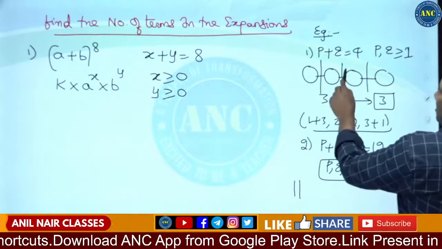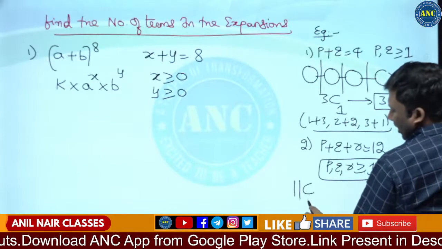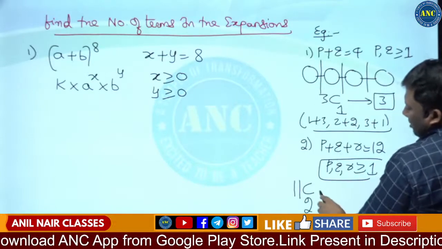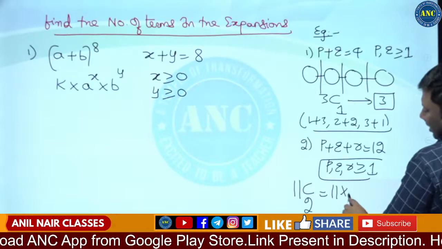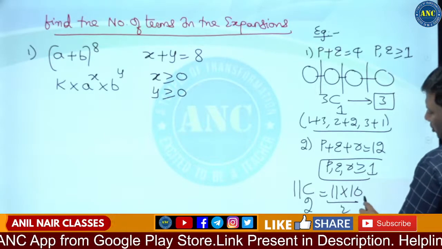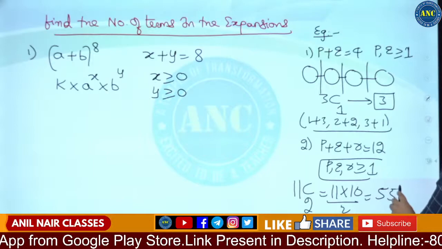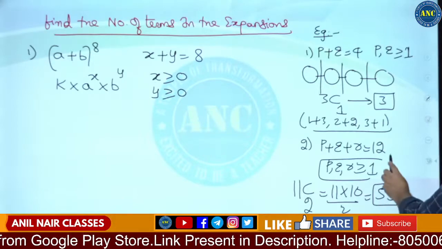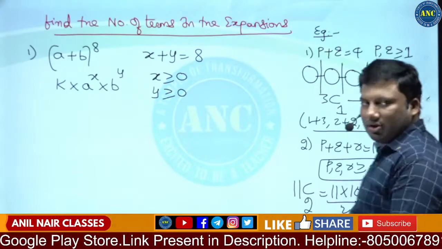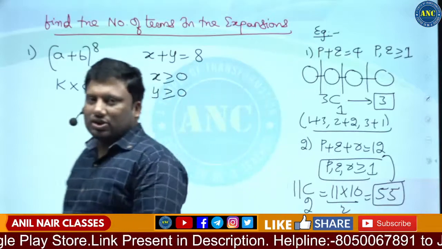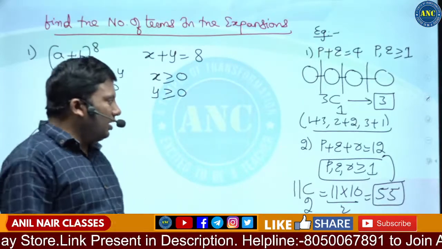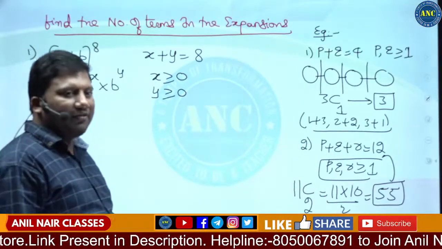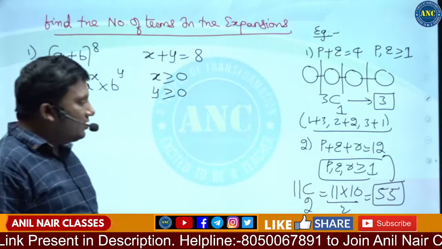If 2 variables are there, 1 cut is required. If 3 variables are there, 2 cuts are required. 11 into 10 by 2. What will be the answer? 55. How many positive integral solutions are there for P plus Q plus R equivalent to 12? Answer is 55.